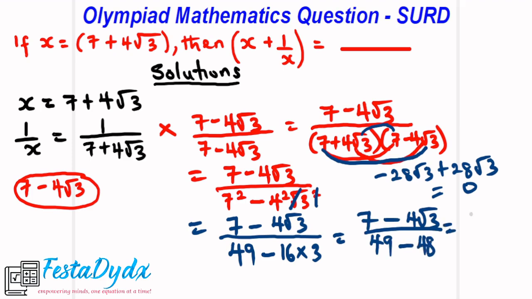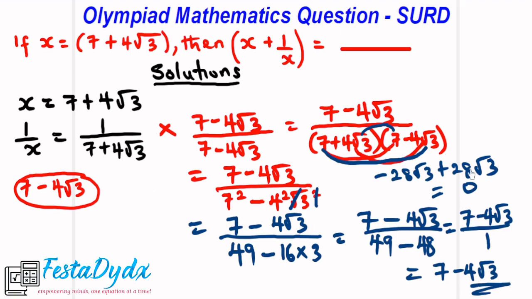So our final answer here is 7 minus 4 root 3 all over 1, because 49 minus 48 is equal to 1. And you know, anything over 1 is that same thing. So our final answer here is 7 minus 4 root 3. So now that we've gotten 1 over x, the value for 1 over x is 7 minus 4 root 3.